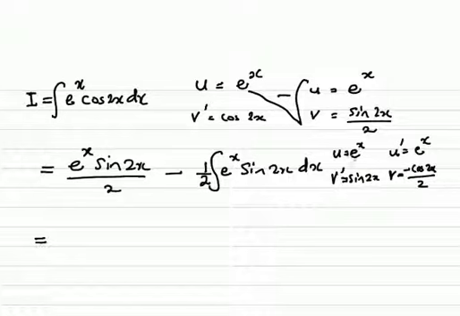So if you do the same pattern, these two and those two under the integral sign and minus sign before, what is going to happen now, our integral I continues, being e to the power of x sine 2x all over 2, and then minus half in brackets.